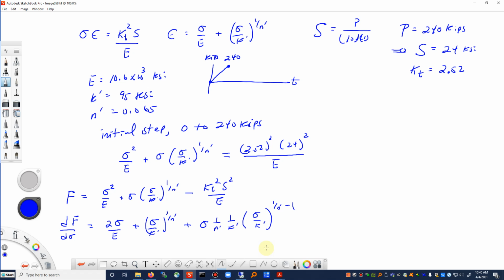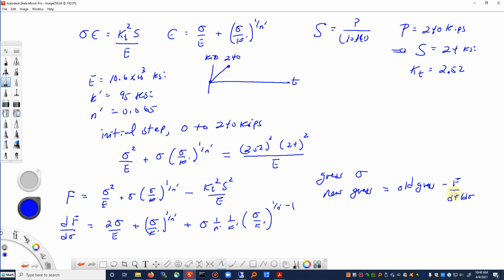And so what we're going to try to do is guess our sigma, calculate our f and our df, and then make a new guess based on that ratio. New guess is our previous guess minus f over df.